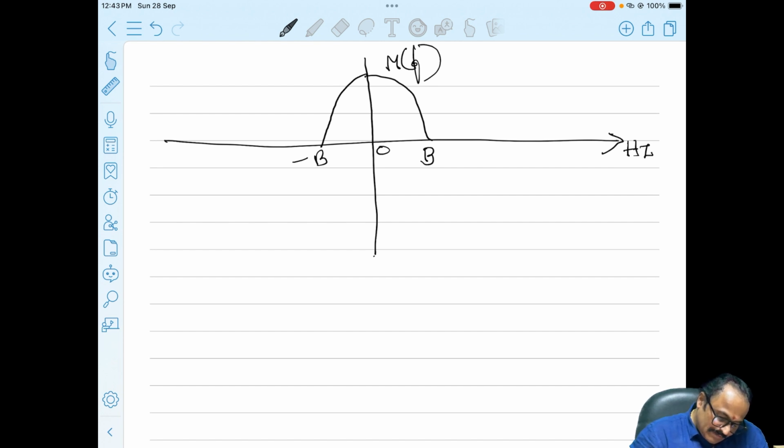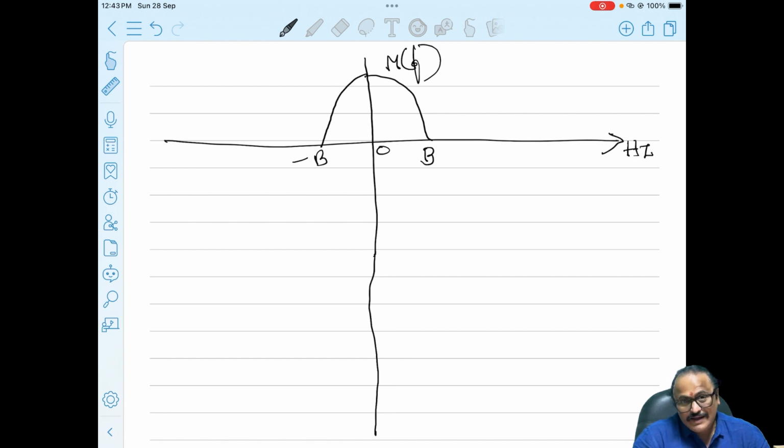Now, once you multiply the signal with cos omega ct, to get the Fourier transform of M of t multiplied by cos omega ct, we can use the shifting property.